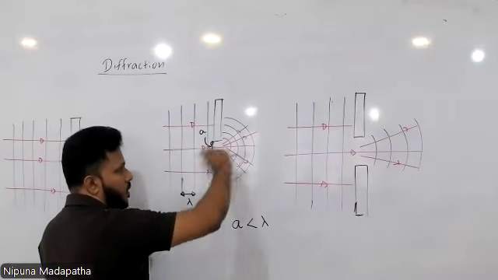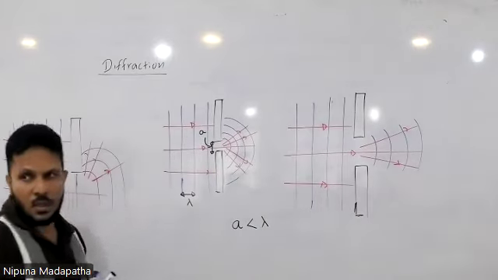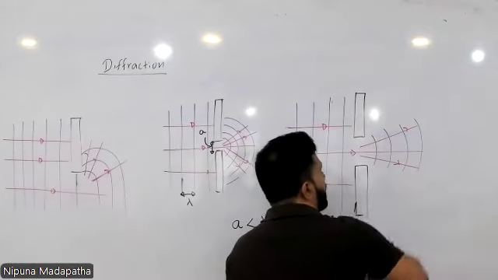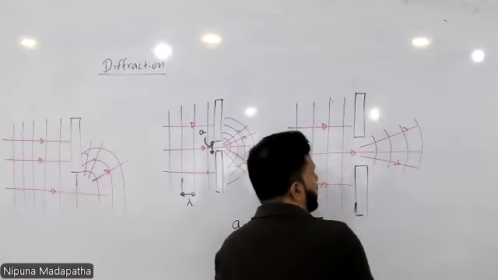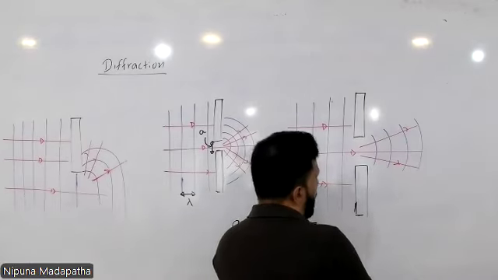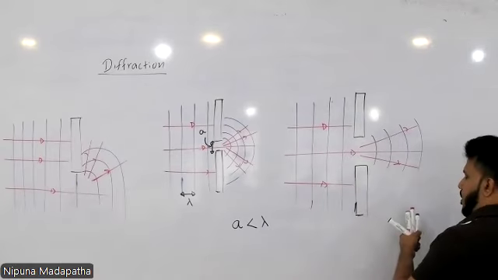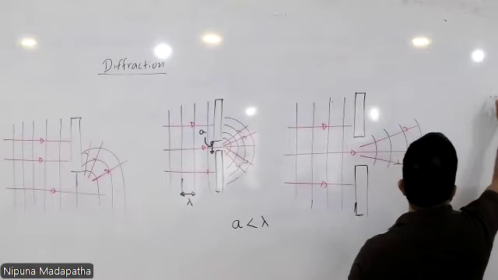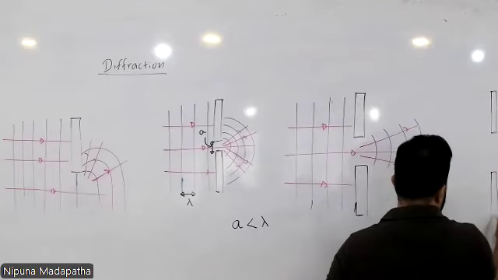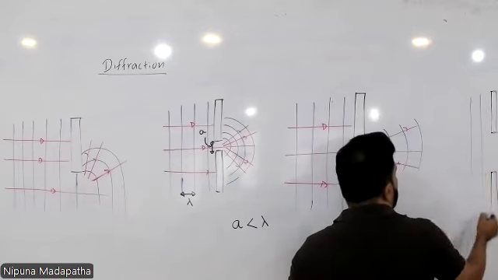Here the wave has spread out very well. Now in this case, the spreading is within a very narrow region, so the diffraction is not very good here. What happens when the gap between these two obstacles is very large? The hole is very large. What happens to diffraction?